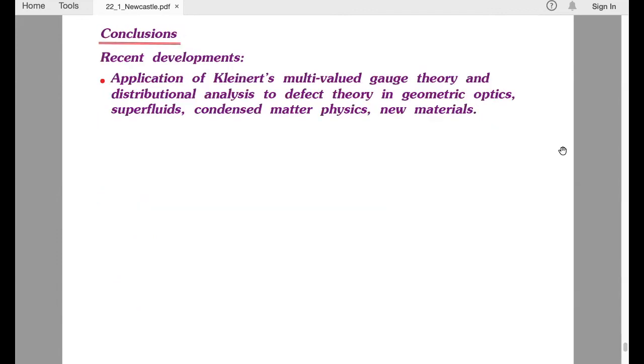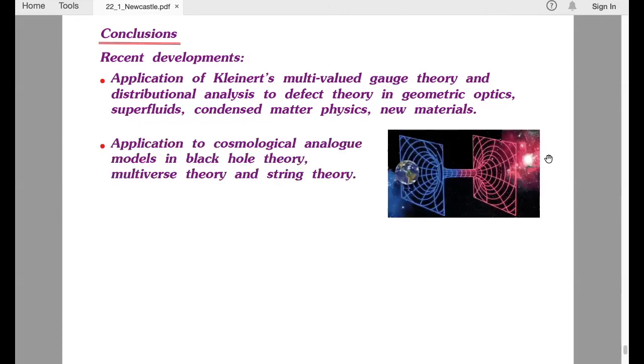Conclusions. Well, we have now very interesting recent developments in many fields, application of Kleiner's multivalued gauge theory in distributional analysis to defect theory in various fields: geometric optics, superfluids, condensed matter physics, new materials.